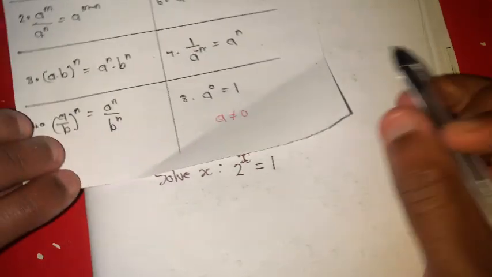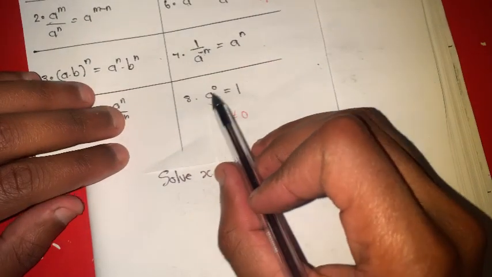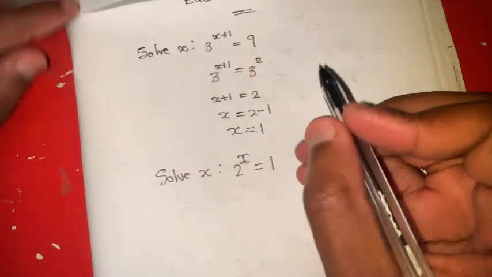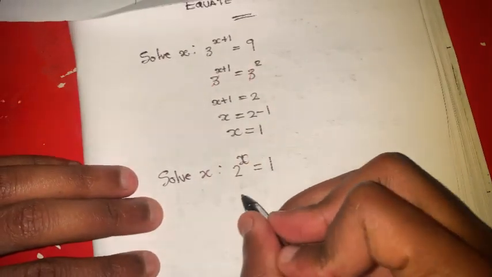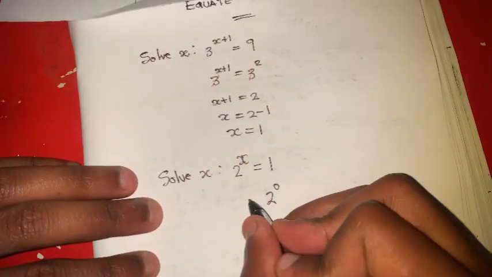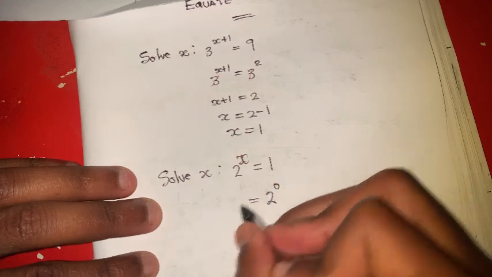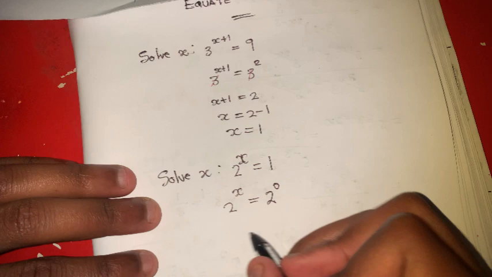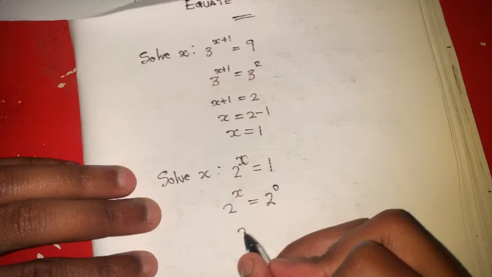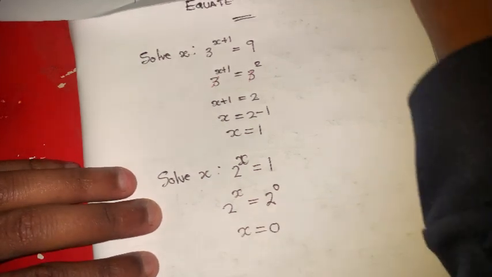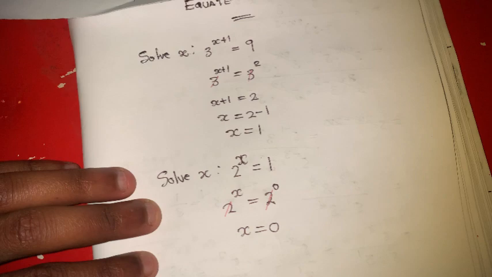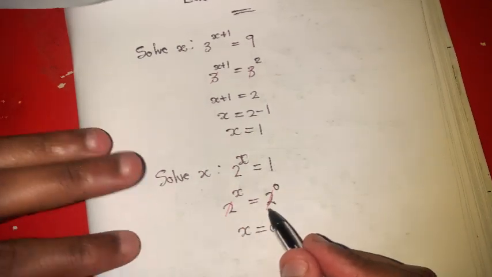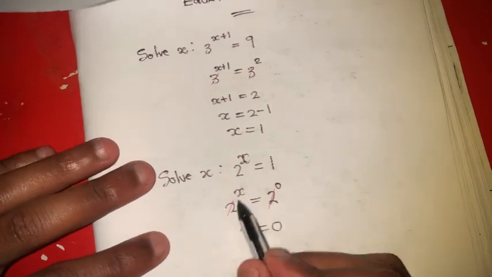Remember from your law, a to the power of 0 is 1. Which means that 2 to the power of 0 is also equal to 1. Then you equate that to 2^x. Drop the bases, so x is equal to 0. You drop the bases since the bases are the same.